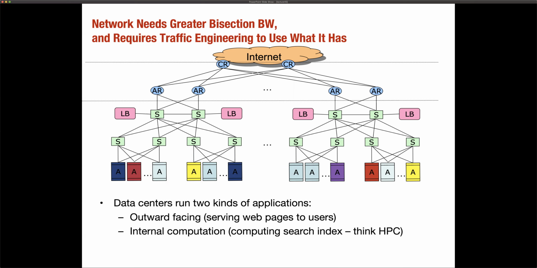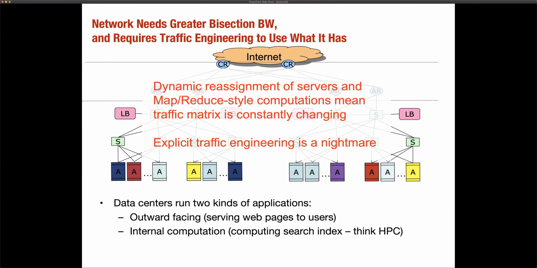But the dynamic reassignments of servers, especially given the map-reduce style computations, mean that the traffic matrix is constantly changing, right? The demand patterns between different types of servers and applications are changing very rapidly, so the traffic matrix, which is typically an input for any traffic engineering decision making, is constantly changing.